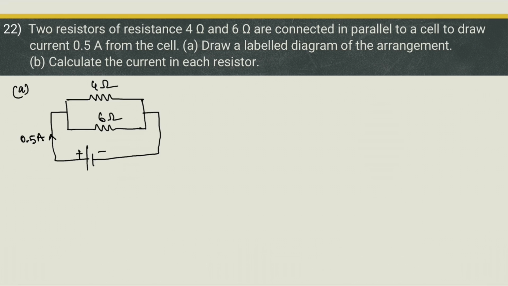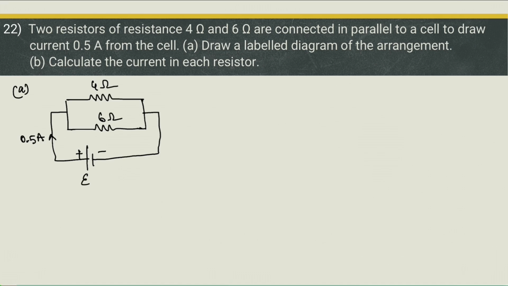So first of all we will have to find out the potential difference across 4 ohm, right? If I want to find current in 4 ohm, I must know what is the potential difference across 4 ohm. I must know what is PD across 6 ohm if I want to find current through 6 ohm.